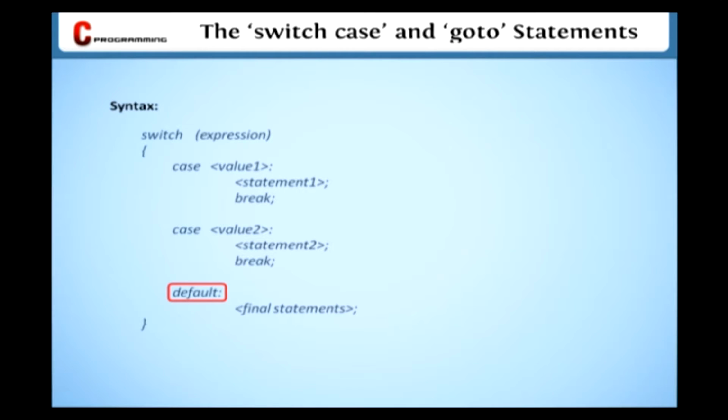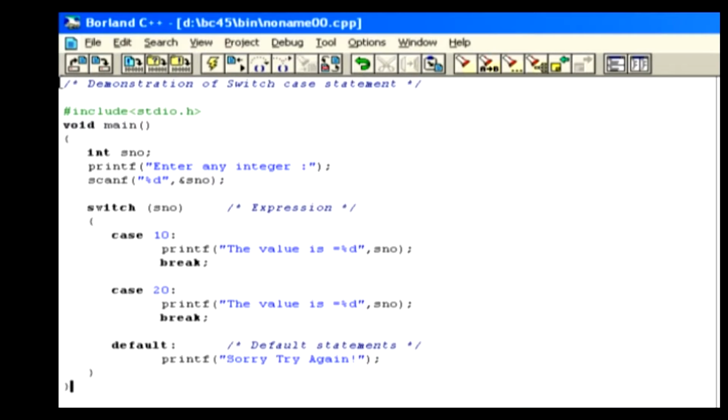Here is a sample program for a switch statement. In this program, we declared sNo variable inside the main function. Then we print a message, enter any integer, on the screen using the printf function, and then we input an integer value. The given input value is passed to the switch statement.